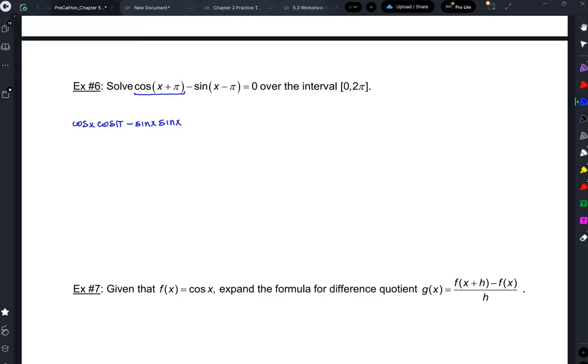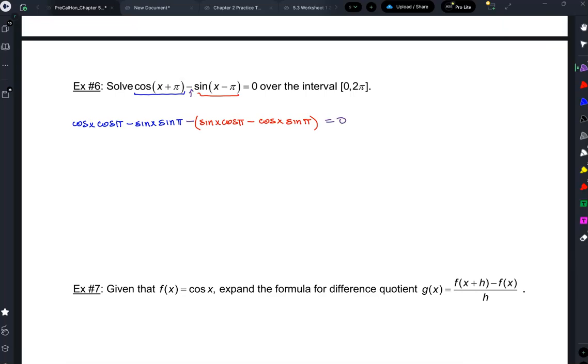Then I have a minus, this minus here. And then I have this one, which is another difference of sine, cosine, cosine, sine. Because of this negative, I need a parenthesis here: sine, cosine, minus cosine, sine. Is that right? Equals 0.